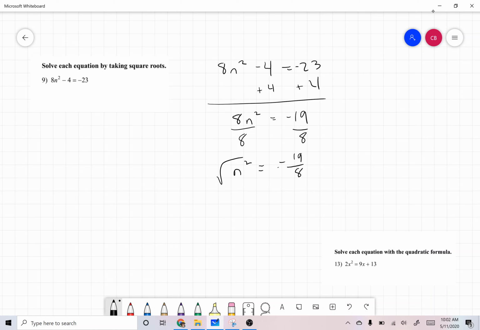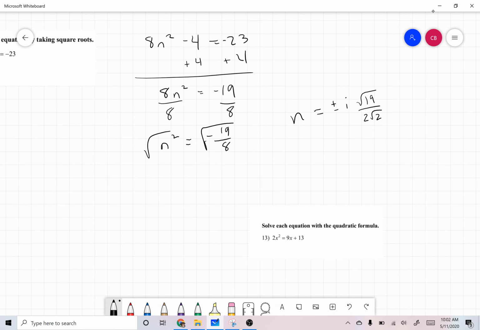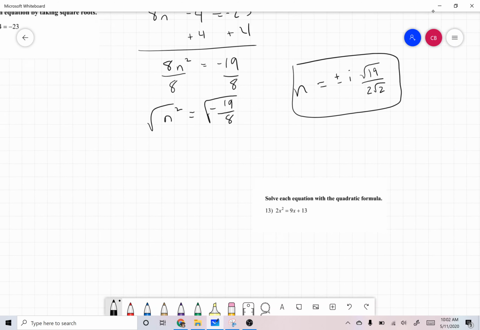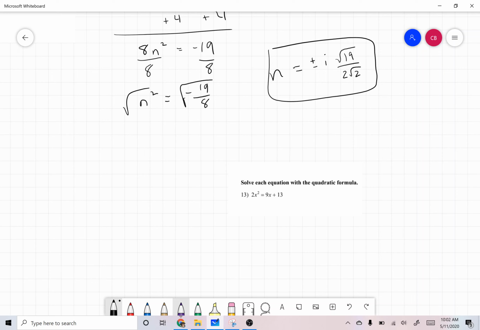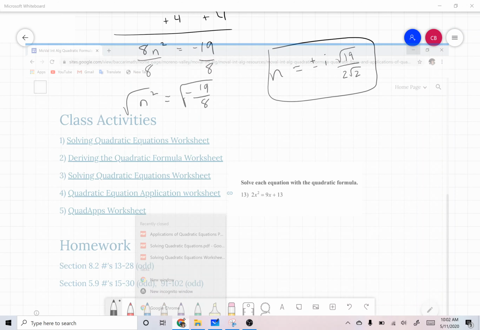We take the square root, and we get n is equal to plus or minus i square root of 19 over 2 square root 2. And I think that's the best we can do. If you're unsure, guys, the answers are at the bottom of the worksheet.